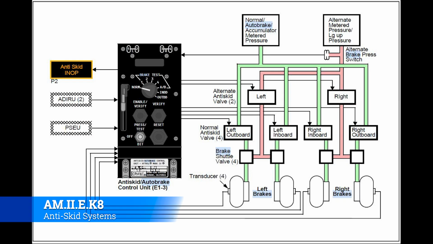Generally speaking, if you have a failure of an ATAROO, it's going to affect a lot of different things, and it's all going to point to the ATAROO. If you have a failure of the PSEU panel, then it'll also point to a whole host of other things as well. And so you won't necessarily have to do that. However, there are situations where you could have a problem with one discrete, and that one discrete seems to only talk to the anti-skid, and that could actually be the problem.